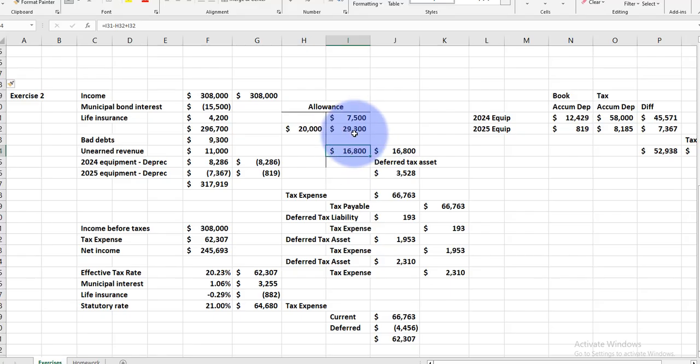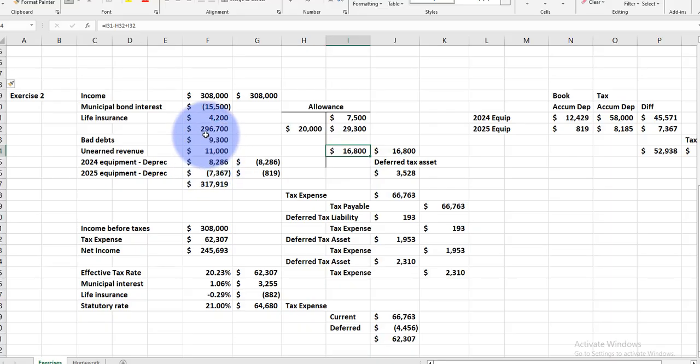To get that, we had to credit the allowance for 29,300. So that's how much bad debt expense is part of our net income. The difference between what we can deduct on our tax return and what we subtract on the income statement is 9,300. Because we did the 20,000 on the tax return, but the income statement is at 29,300, we have to add back the 9,300 to get back to our taxable income. So we can only deduct 20,000.